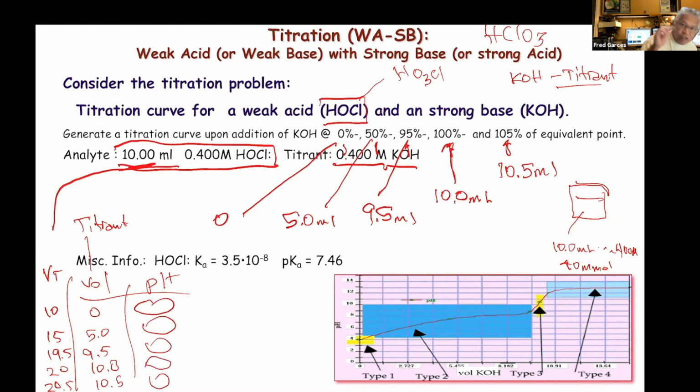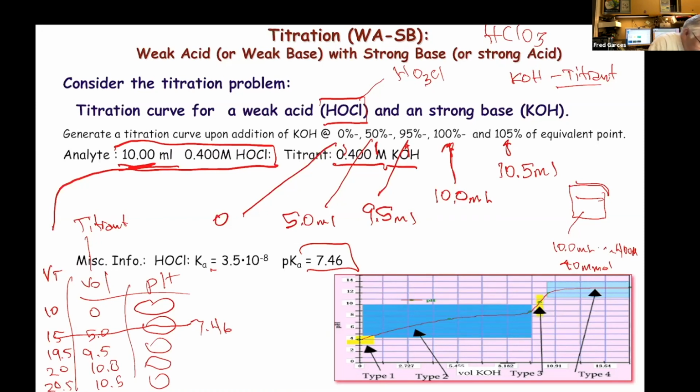Okay, one thing you should know: at 50%, pH equals pKa. 50%, that's this right here. I know the pH of that because I know that the pKa of this acid is 7.46. So that's going to be 7.46. I'm not even going to think about it. Why?